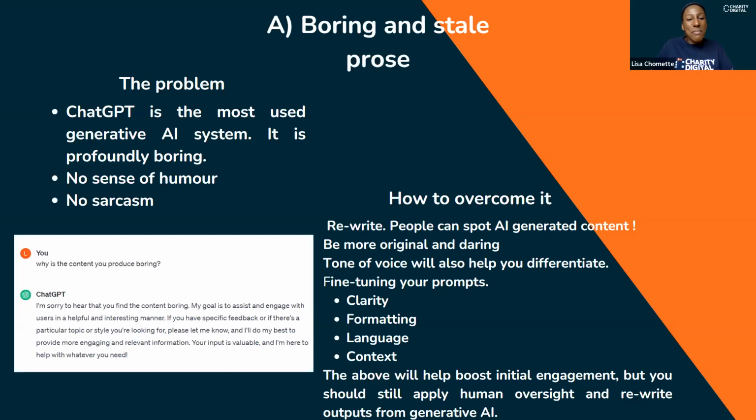It produces good content, but sometimes it's unoriginal, quite stale, with sentences often the same length and repetitive. And this is kind of discouraging for copywriting. It also has no sense of humor and no sarcasm. But that is definitely something that all humans have.